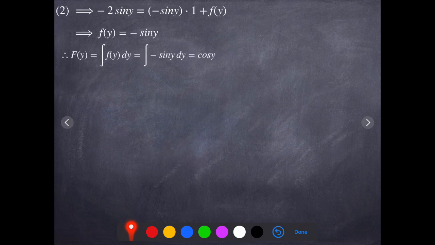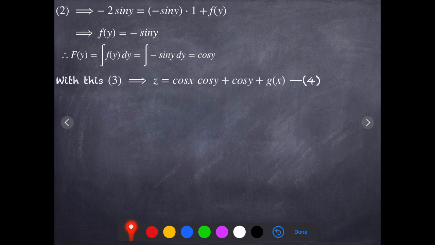Make use of this to find the value of capital F(y). You just integrate that one, we get F(y) = cos y. Using that in equation number 3, we get z = cos x cos y + cos y + g(x). Call that equation number 4.